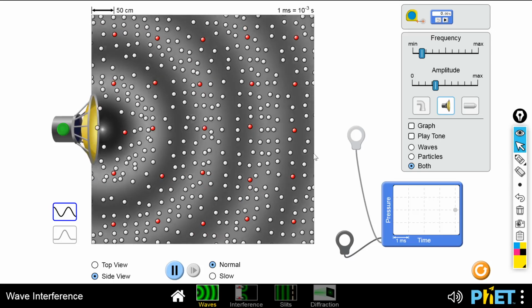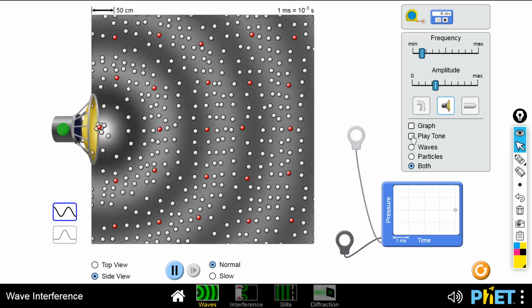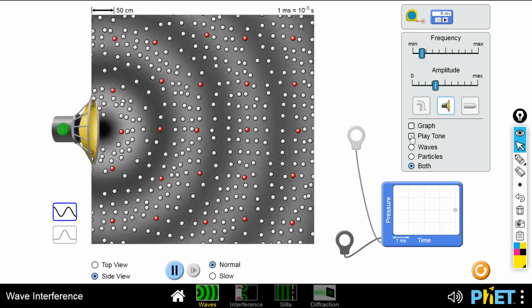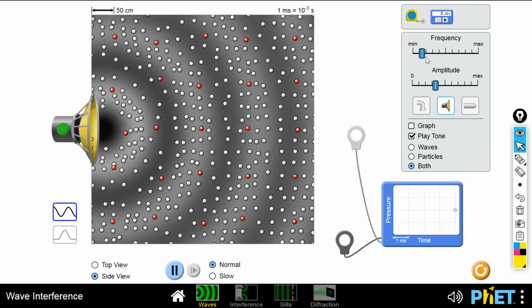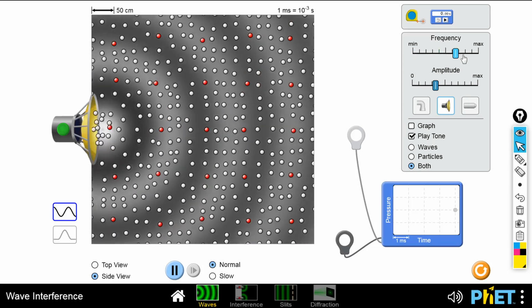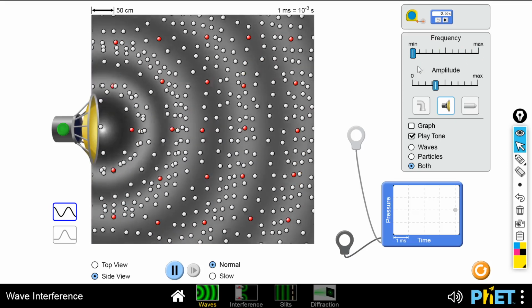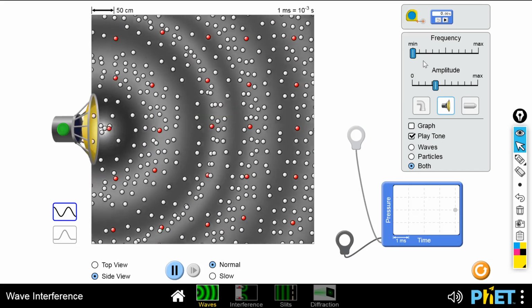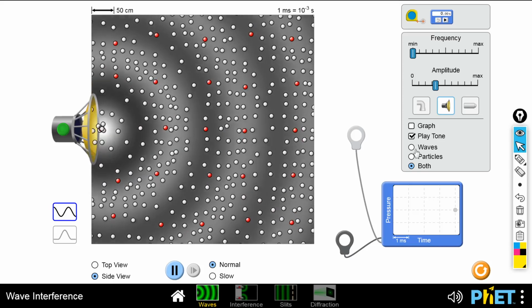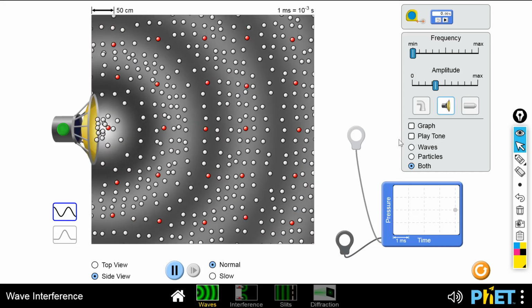On this one for sound, you can also play the tone. The tone is monotonic, and you can change it from lower all the way up to, I think, about 1 or 2 kilohertz. But I rarely have the sound playing.